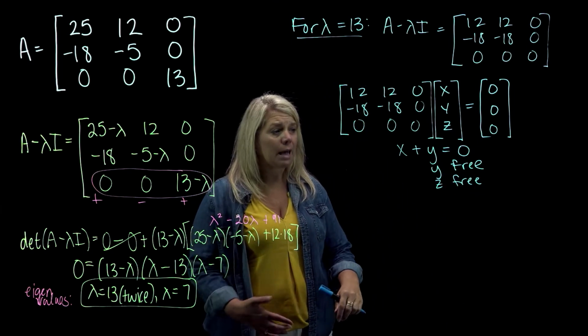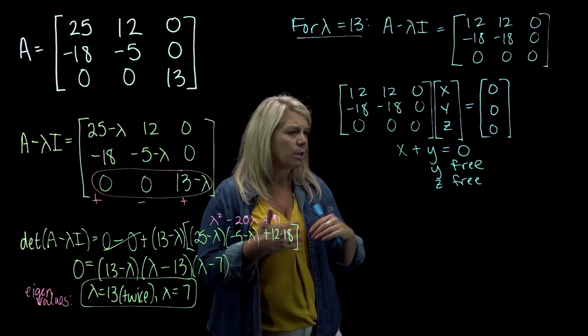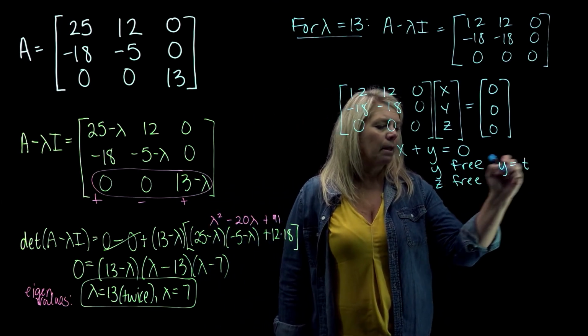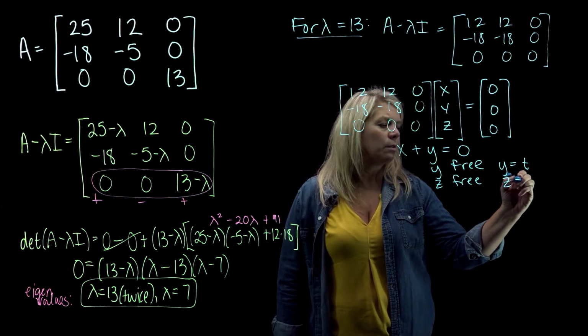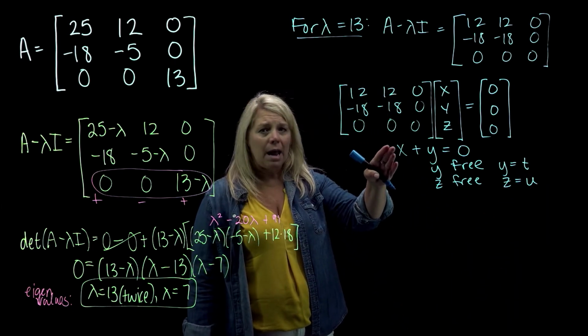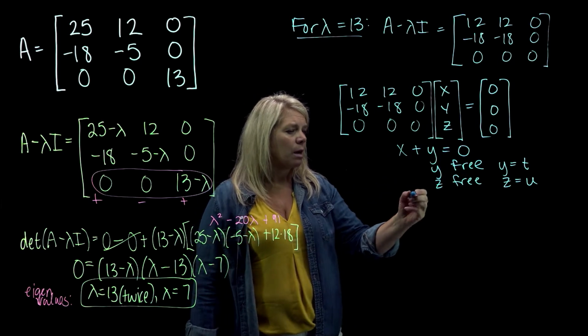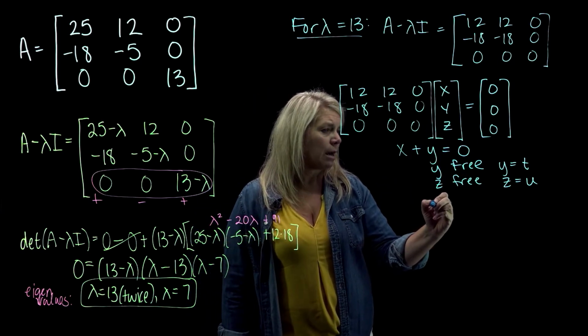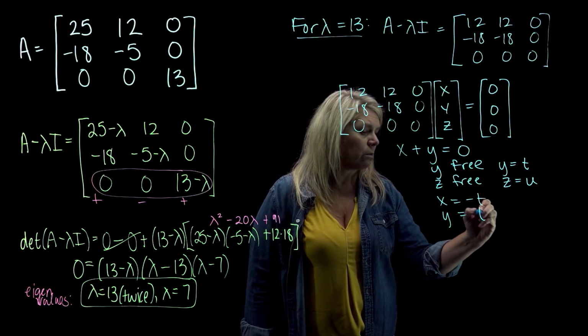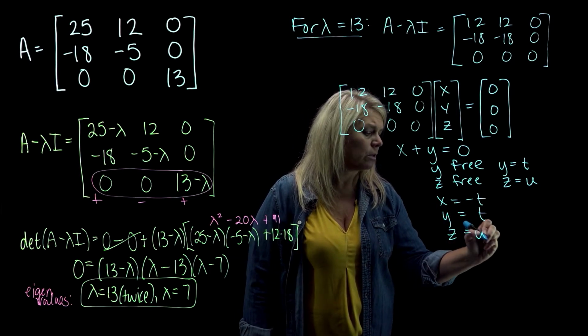So I'm going to let each of those be a parameter. Y equals, say, t, and z is a free variable, so z equals u. Then I'm going to write my x in terms of that. So my solution for this system is x equals negative t, y equals t, and z equals u.